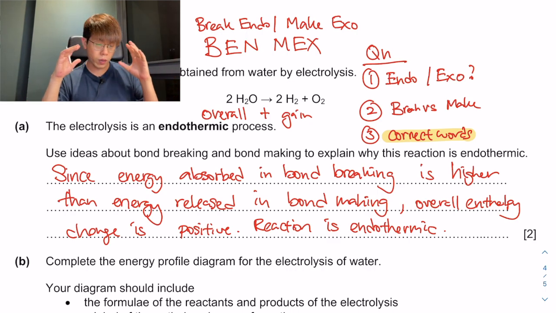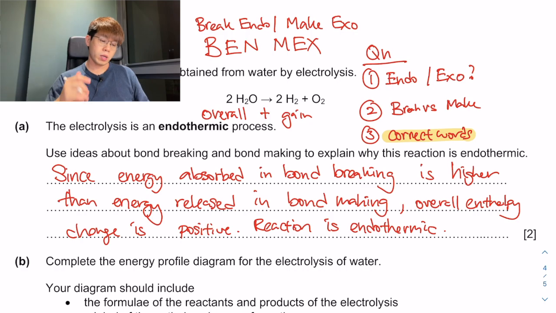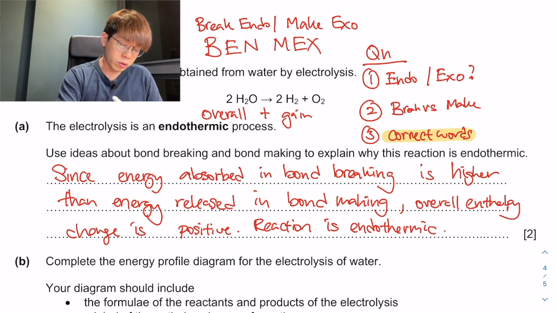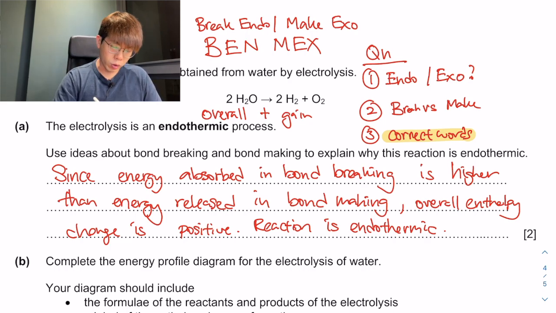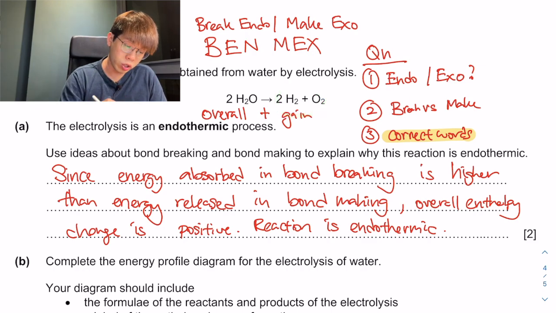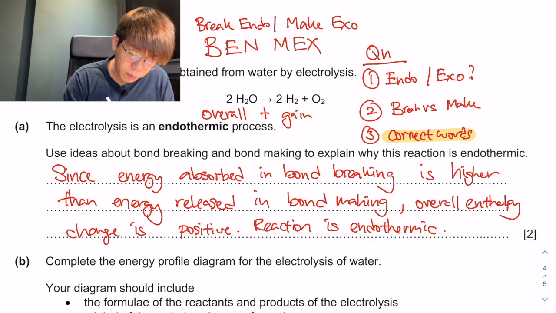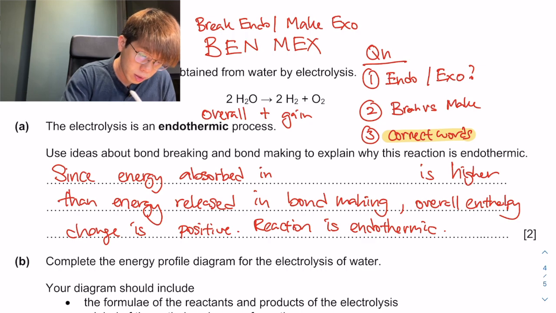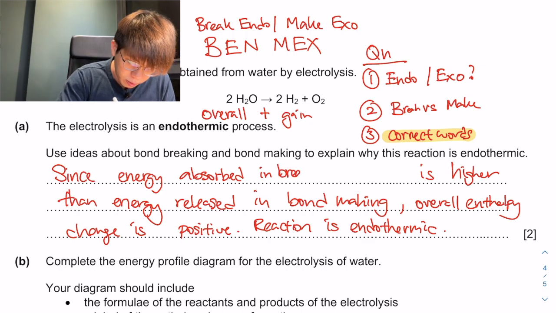First level, we are not done yet. Now, how do I make this answer better? In order to make this answer better, we can be more specific about which bonds I am breaking. Over here, I'm breaking the bonds in H2O and I'm forming bonds in H2 and O2. So let's change that.